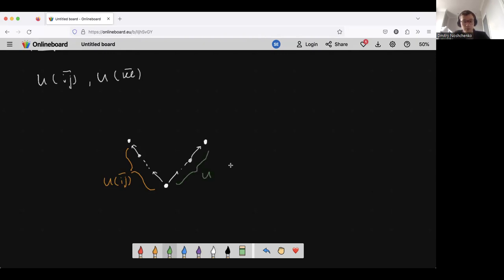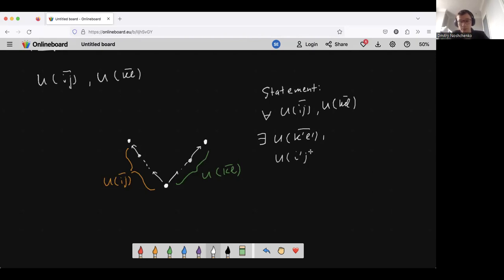And now the statement is that for any such Uij and UKL, you can find, also not unique, but you can still find U K prime L prime and U I prime J prime, some pair of different sequences, such that this diagram is completed to a relation, such that UK'L' combined with Uij equals UI'J' combined with UKL.